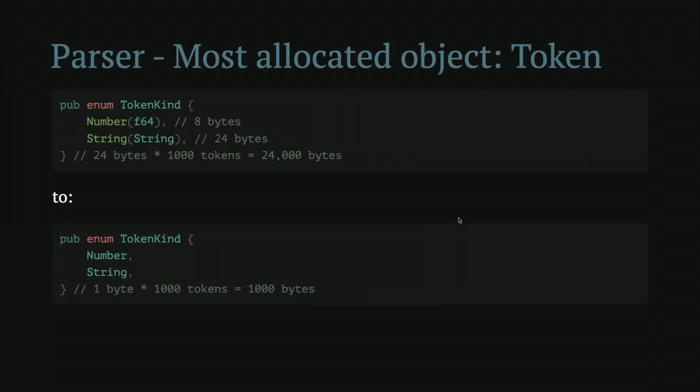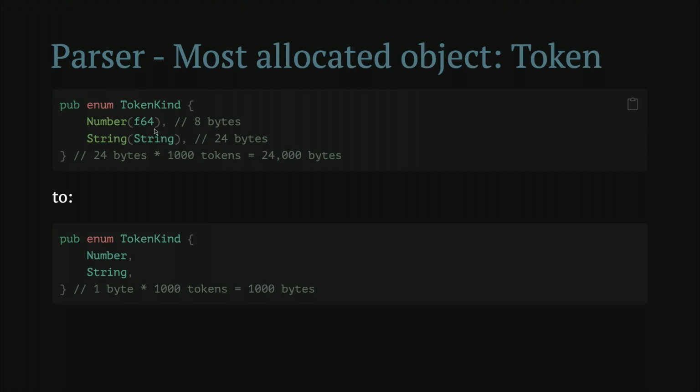Okay, this is the first Rust code you are seeing today. It looks like TypeScript. There's a pub enum TokenKind. What this is trying to say is, in a compiler, if you've written a tokenizer or lexer, the most allocated object is called a token. In a token, you can store things like a number and a string. In Rust, you declare it as pub enum TokenKind, and you wrap these two values, and you sum up the total number of bytes.